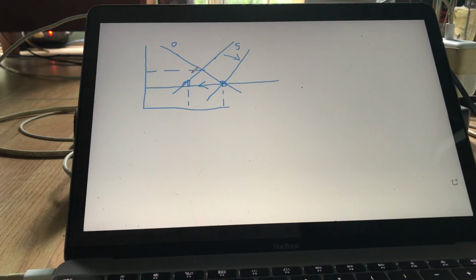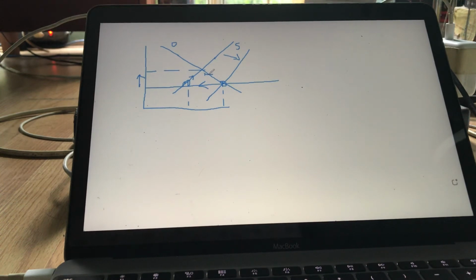Why? Because we have more demand than supply, right? So if the central bank does nothing, the exchange rate will increase back to the equilibrium level, okay? There is an increase in the exchange rate because there is more demand than supply, and the market forces take place and raise the exchange rate.